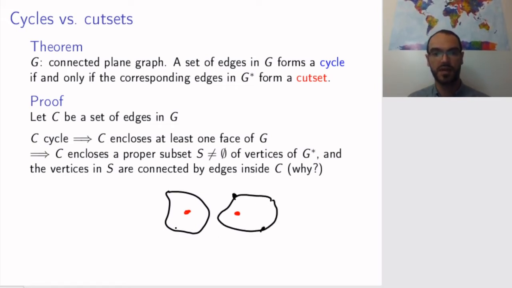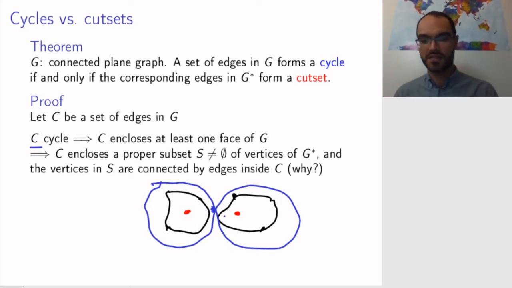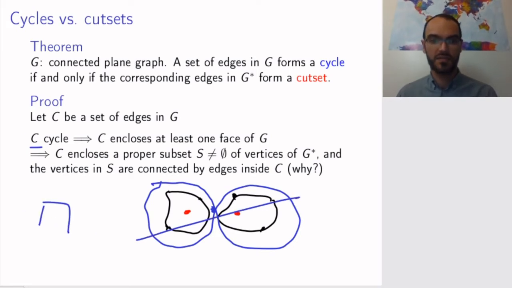And then this cycle C of ours would circle both faces twice and would somehow have to come back to the same vertex multiple times. So it cannot be a cycle. So by its being a cycle, we cannot have this situation, and the situation we must have is that we have faces that share an edge. For that reason, our vertices will be connected.